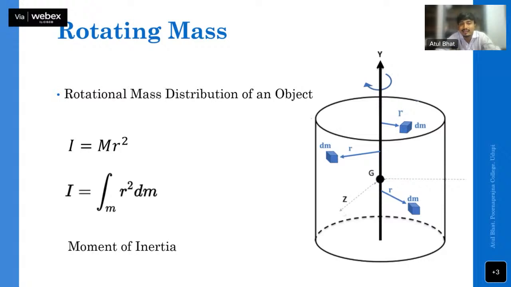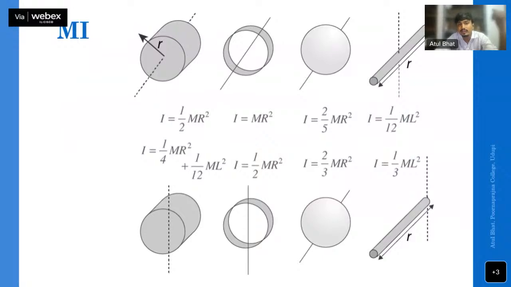So just like mass is there for linear motion, we've got moment of inertia for rotational motion. Not mass for rotational motion, moment of inertia for rotational motion. So for different objects, its radius keeps changing, its particle distribution keeps changing. That is why every different object has its own formula for moment of inertia.